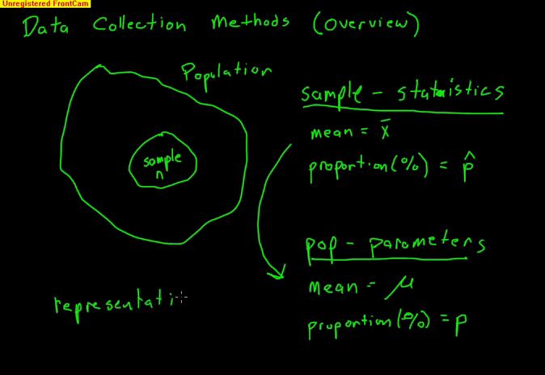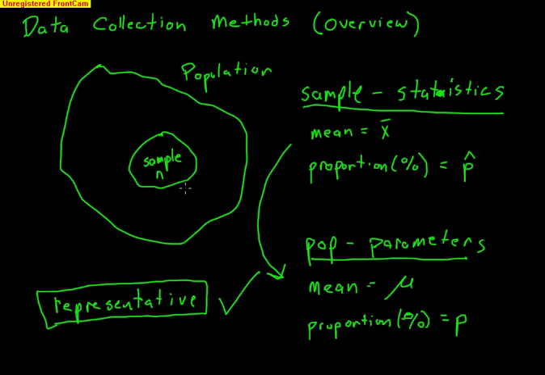Okay, so what we're looking for is that our sample is representative of the population. So if our sample represents the population, then yes, it is okay to infer our results from a sample to the population. For example, if our sample was drawn correctly from the population without any bias, and it did represent it, okay?